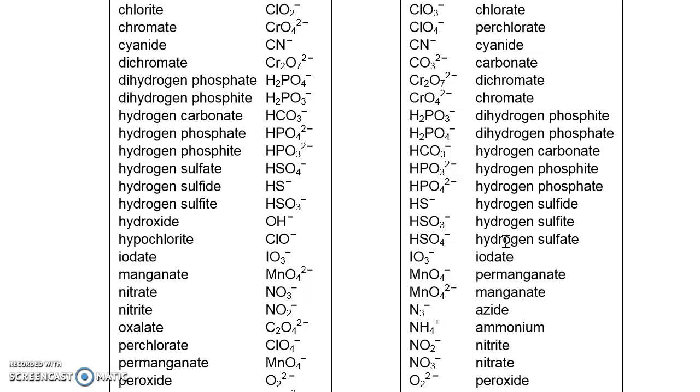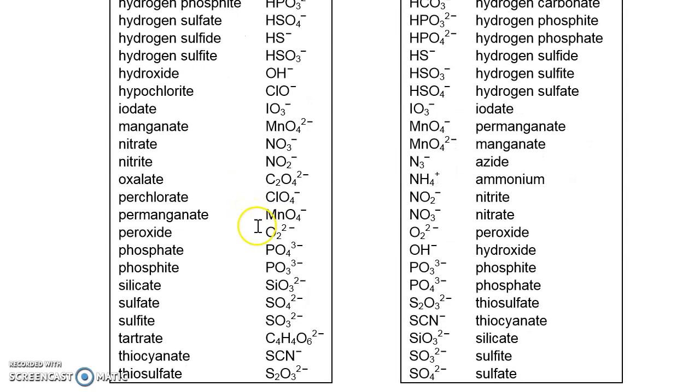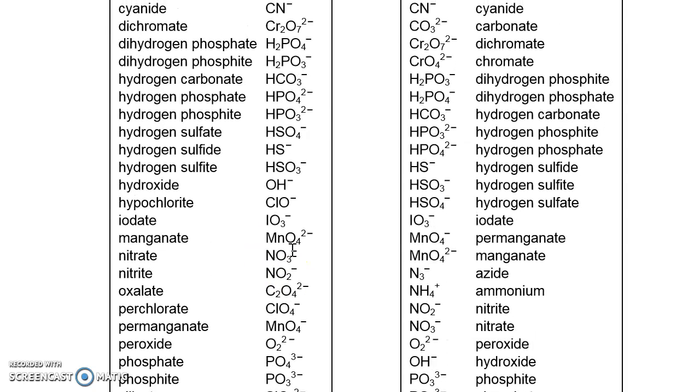The one other thing I'll mention here, because I don't want to keep this video too long, is the hydrogen components. So we have a lot of chemicals here that have a hydrogen. So let's look at what happened to phosphate, for example, when it became hydrogen phosphate. So phosphate was down here, PO4 3-, that's something that you would memorize. And then hydrogen phosphate is the addition of hydrogen to phosphate.